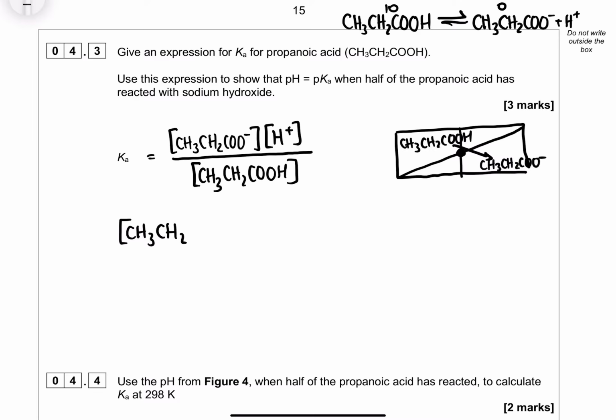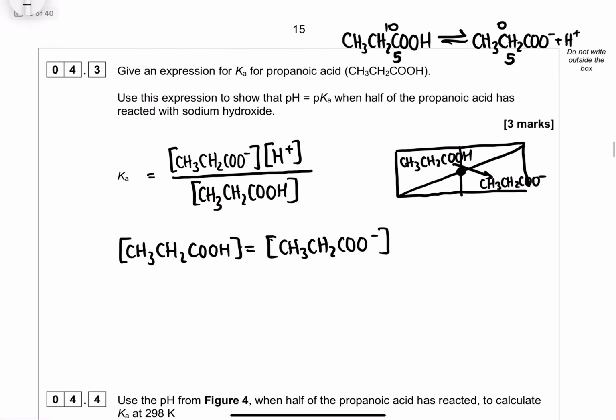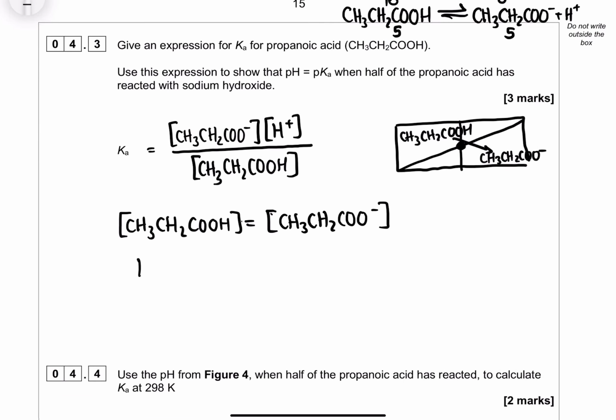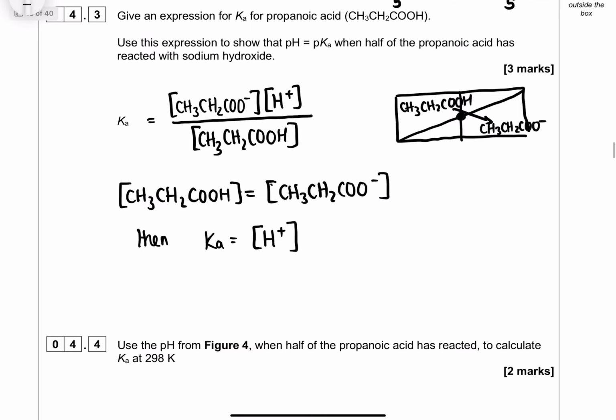When half of this has gone, 5, there'll be 5 of this because half of it has gone. It's a 1-to-1 ratio. So the amounts of HA and A- are equal. And if those two things are equal in that Ka expression, then Ka just equals H+. And if Ka equals H+, then pKa, minus log of Ka, equals pH, minus log of H+.